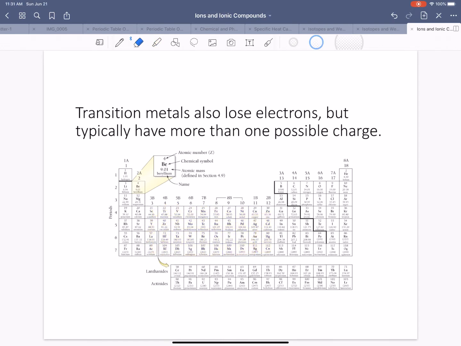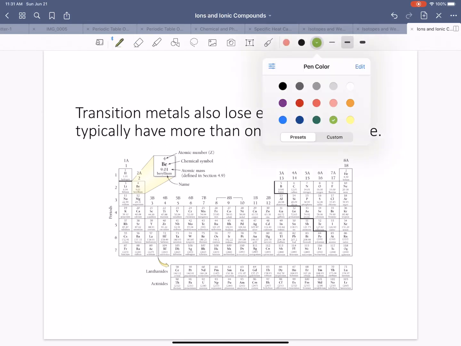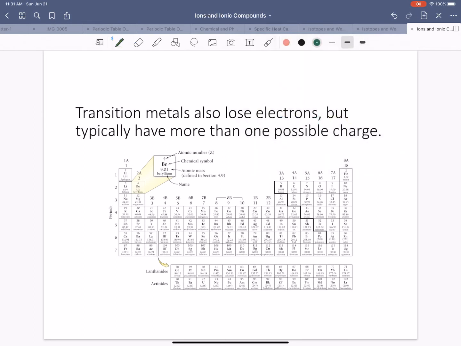So transition metals also lose electrons, but typically have more than one charge possibility. So in our class, we're just going to focus on a few. We're going to say for chromium, iron, and cobalt, the possibilities are +2 or +3.